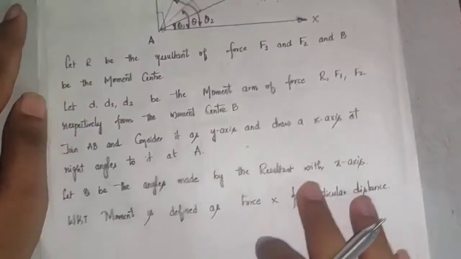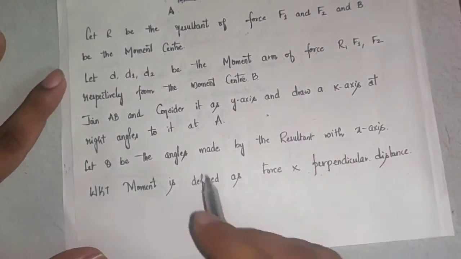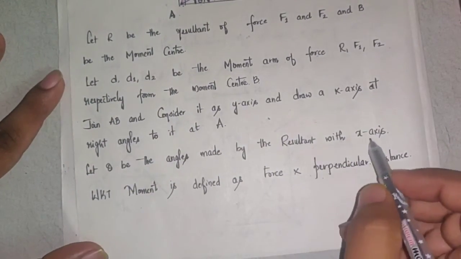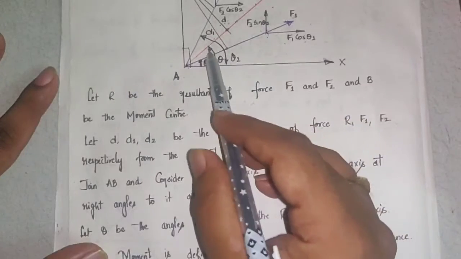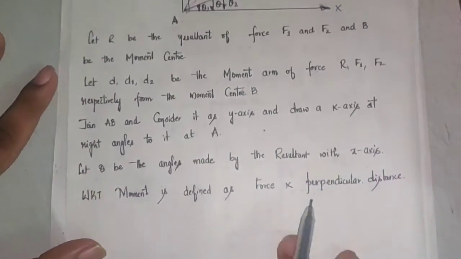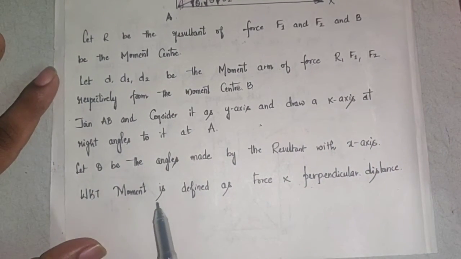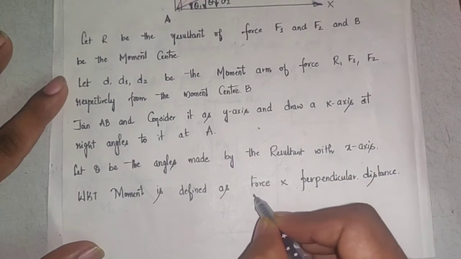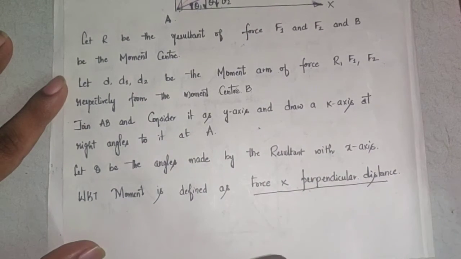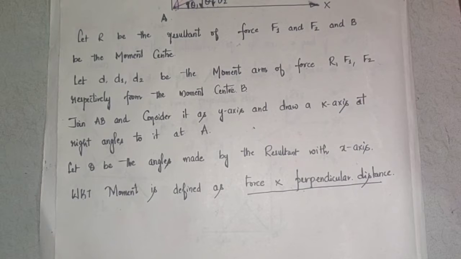Then let theta be the angle made by the resultant with the x-axis. So theta is the angle made by the resultant about the x-axis. We know that moment is what? Force into perpendicular distance.